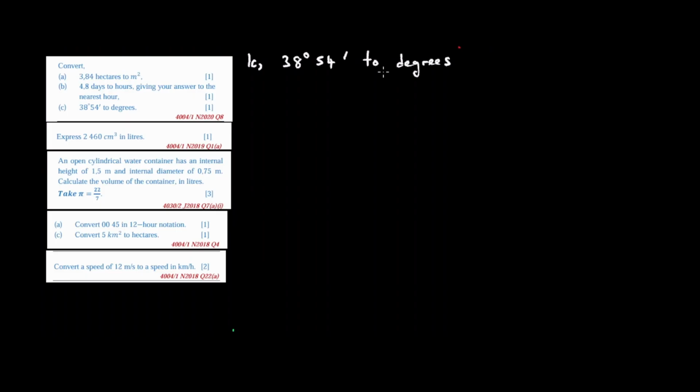Saka this is how you order. Zvinonyorwa zvichidzika kudai. Handiti. Saka 38 degrees 54 minutes. Kana tikada kudzisa kuma degrees, chekutanga kuziva kuti 1 degree is equal to 60 minutes.